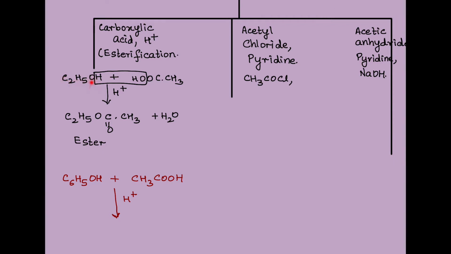C2H5O. Now this is our O again, CCH3. So C2H5O, C double bond O, CH3. Why have I written it like this? You will know once you expand the structure of the carboxylic acid that you have drawn over here. It is C double bond O, CH3. This is carboxylic acid.